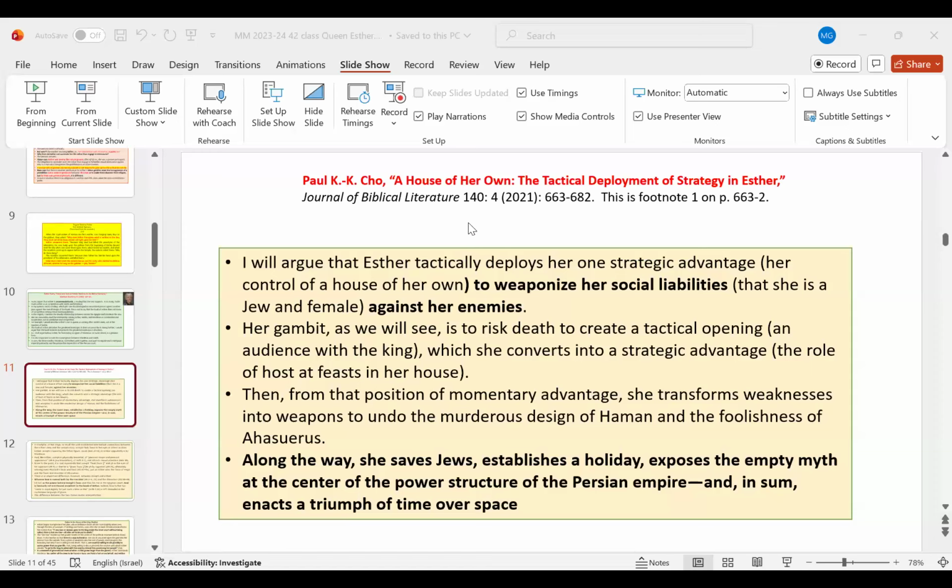Okay, so in another article by a man this time, called The Tactical Deployment of Strategy, he argues that Esther weaponizes her social liabilities, meaning that she's a Jew and female, against her enemies. And along the way, she saves Jews, establishes a holiday, and she exposes the empty myth at the center of the power structure of the Persian Empire. This is the core of his article.